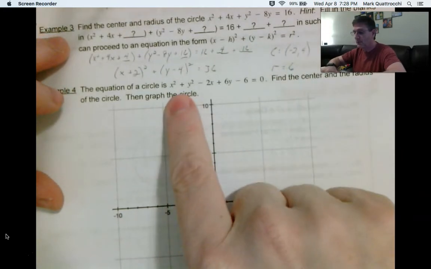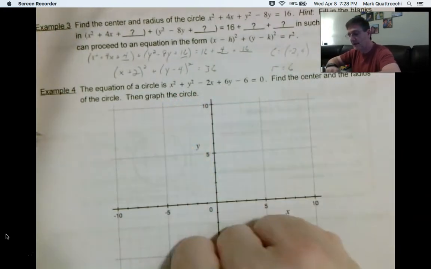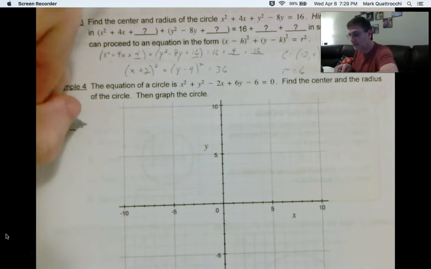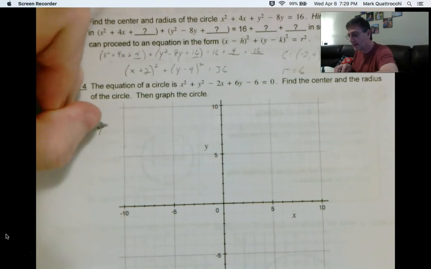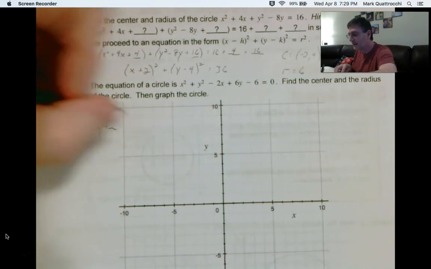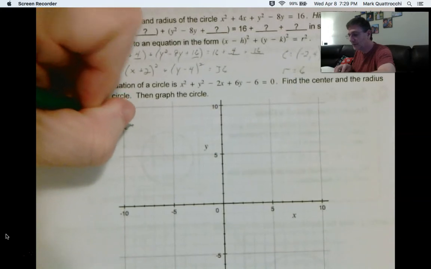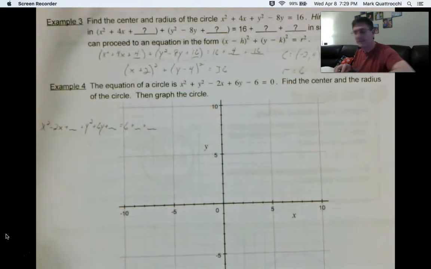So first we want to regroup these so that we have x squared minus 2x plus blank plus y squared plus 6y plus blank equals 6 plus blank plus blank.